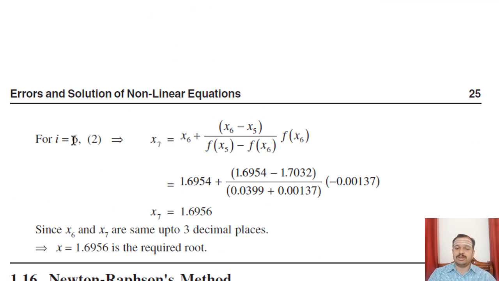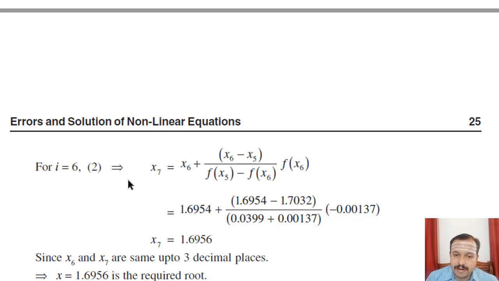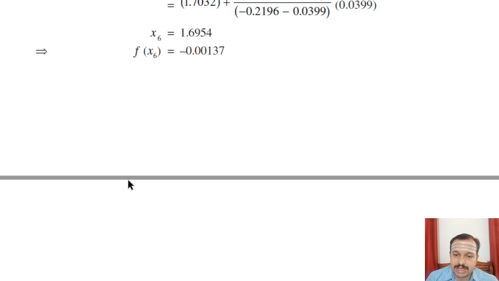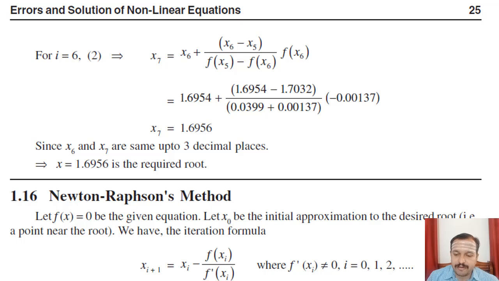So these many steps we have elapsed, and now you please observe x6 was 1.695, that is up to 3 decimal places. If you look at the answer, x6 is 1.6954, and here x7 is again 1.695 up to 3 decimal places.